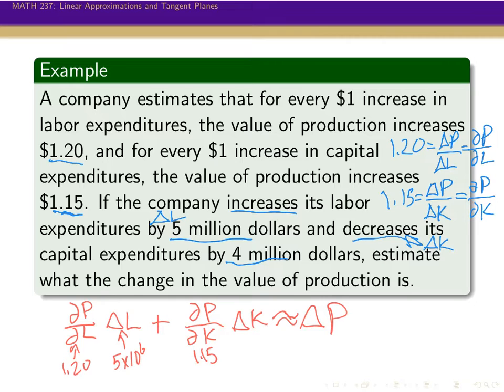And the change in capital, that was minus 4 times 10 to the 6th. And so then when we added these all together, we got delta P to be about 1.4 times 10 to the 6th. Okay.